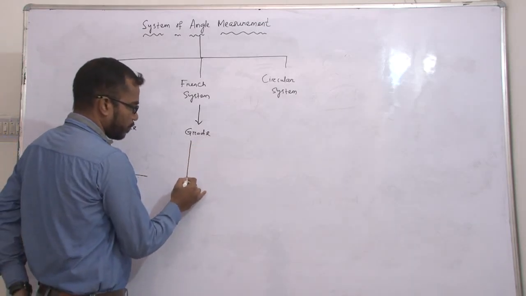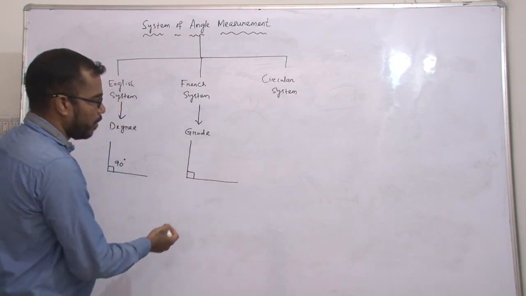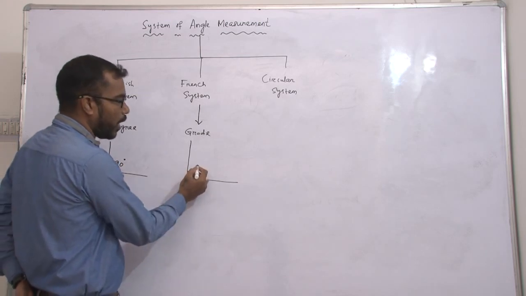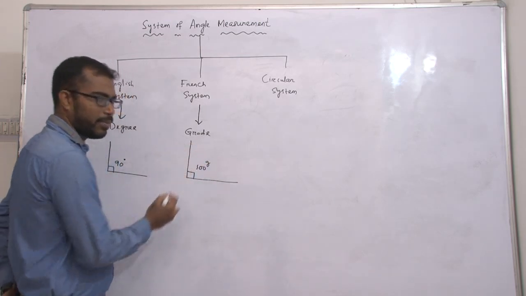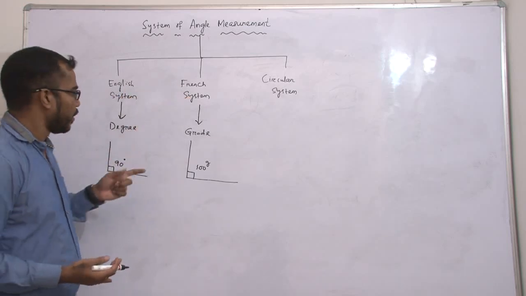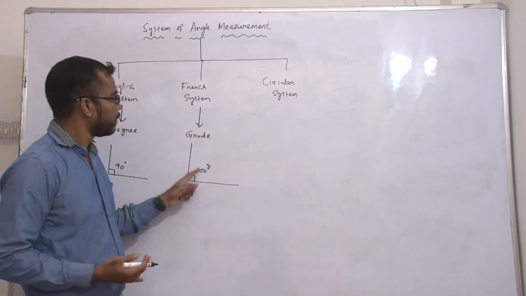So here, in the French system, according to the English system, 90 degrees is equal to 100 grades. That means if we compare the English system and the French system, then 90 degrees is equal to 100 grades.